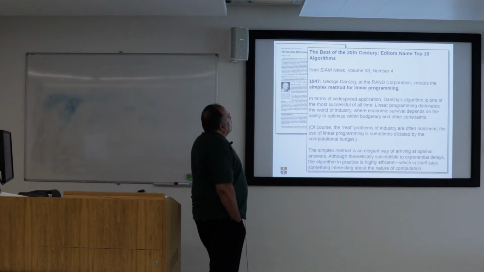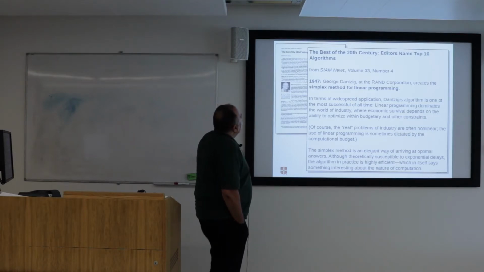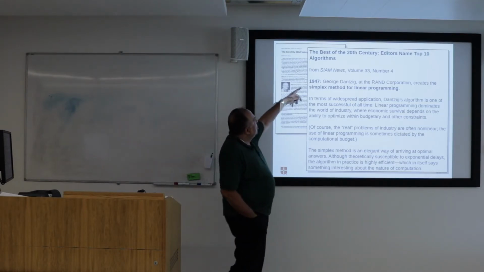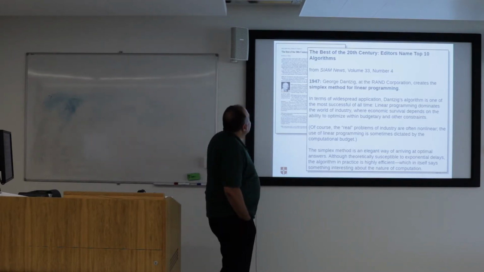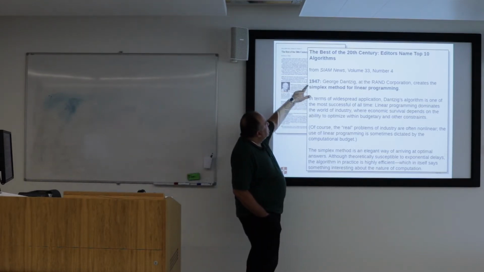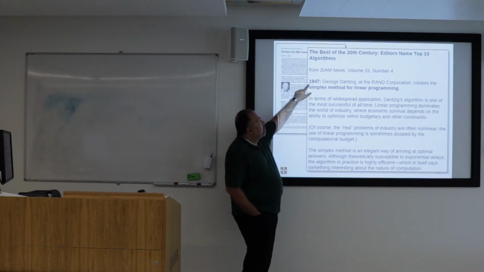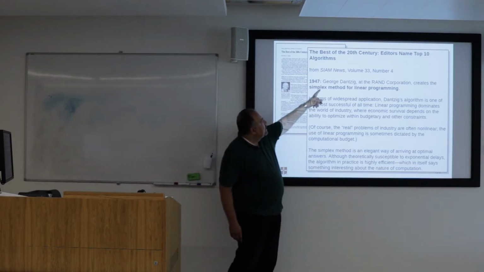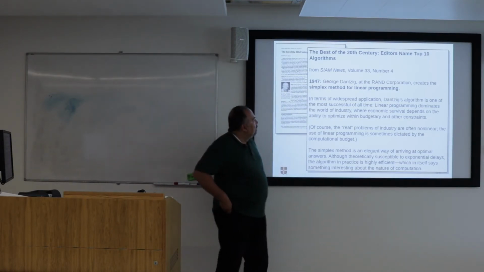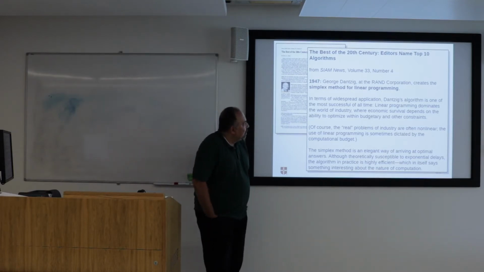So if we go to see what was published about various algorithms of the 20th century, this is Science News, Society of Industrial and Applied Mathematics publication. Among the top 10 algorithms, best algorithms of the 20th century, is George Dantzig's simplex method for linear programming.